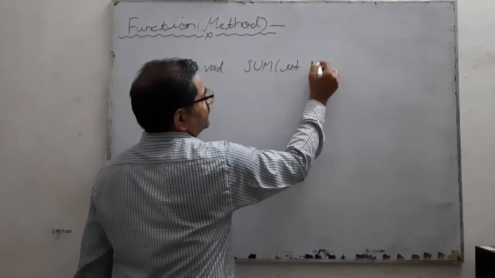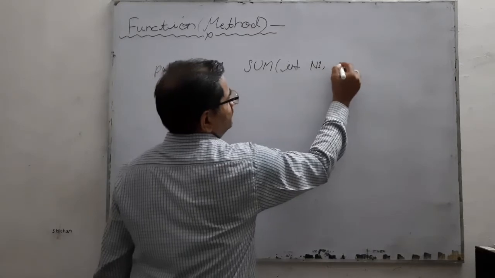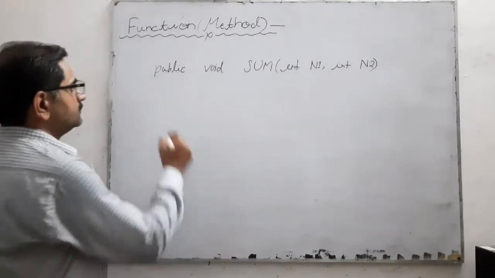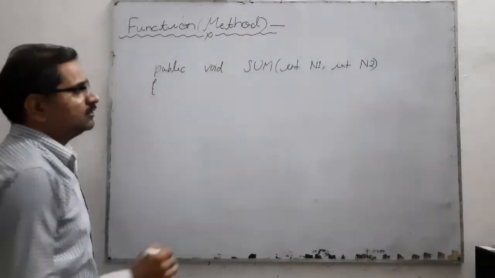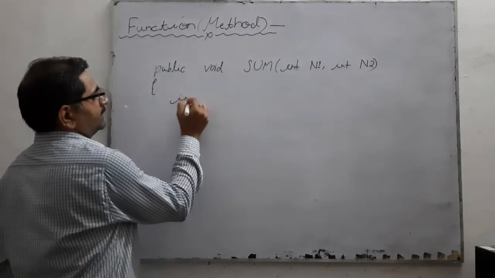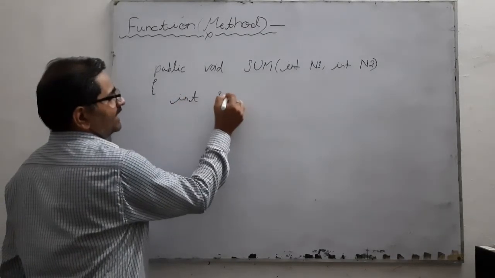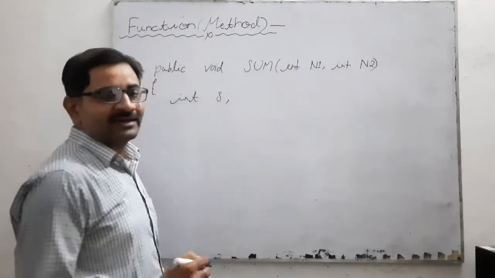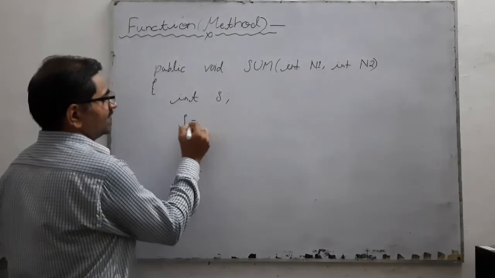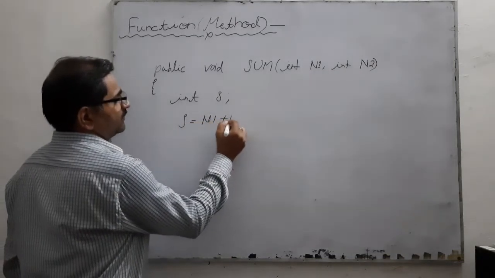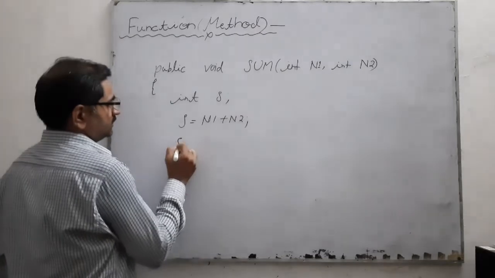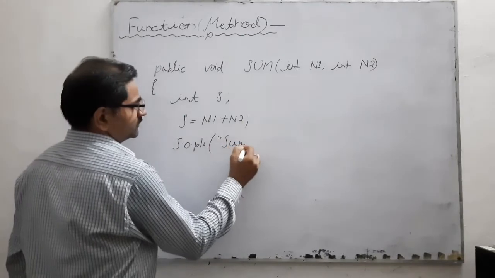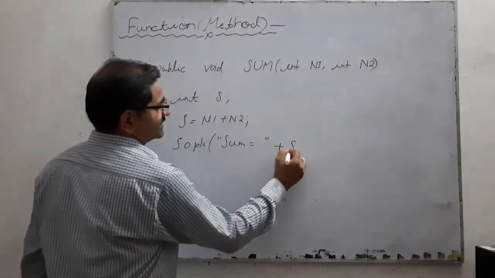So here we take n1 and another variable n2. Now the third variable we take is s, which will store the addition of both values n1 and n2. So here s is equal to n1 plus n2, and we write system.out.println sum is equal plus s.